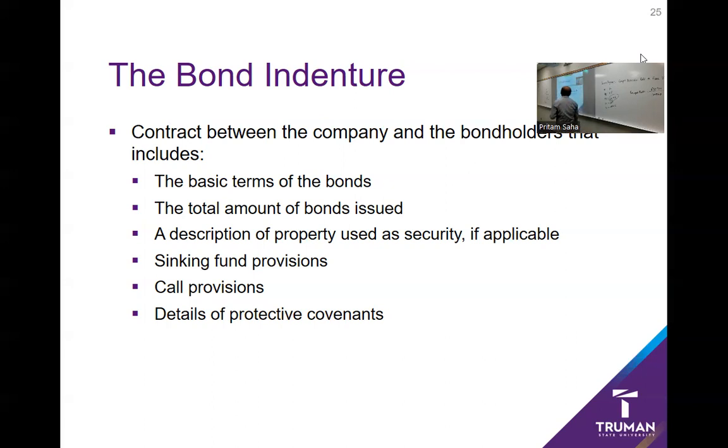Description of property used as security, if applicable, which is called collateral. Let's say the corporation is telling that I have a plant, I have land, I am using that property as collateral for the bond issue. That means if the corporation defaults, that property will be sold to pay the money.